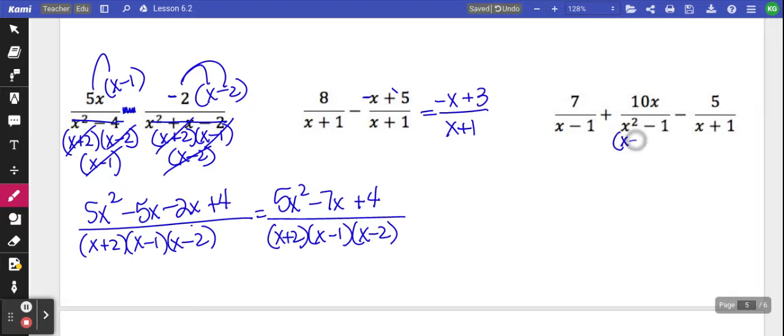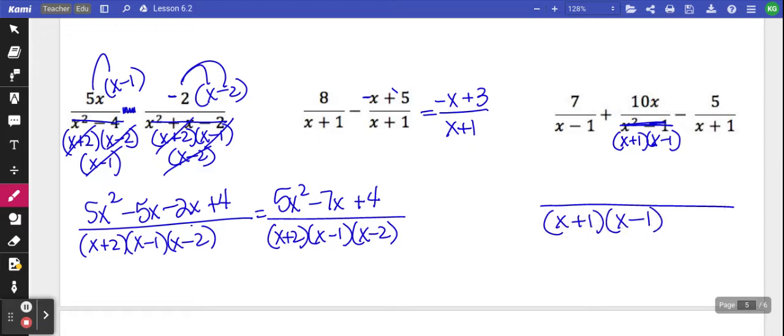On this last one, I know that this would factor into x plus 1, x minus 1. So I'm going to give this one an x minus 1 and give this one an x plus 1.